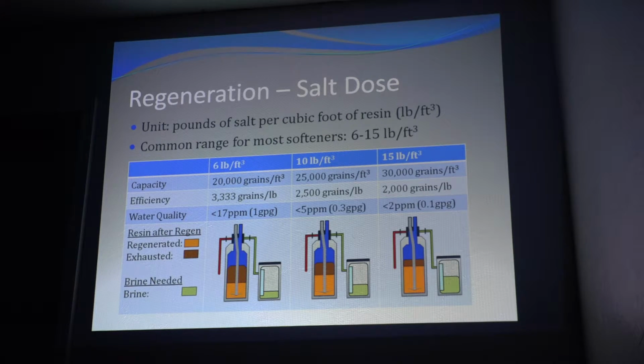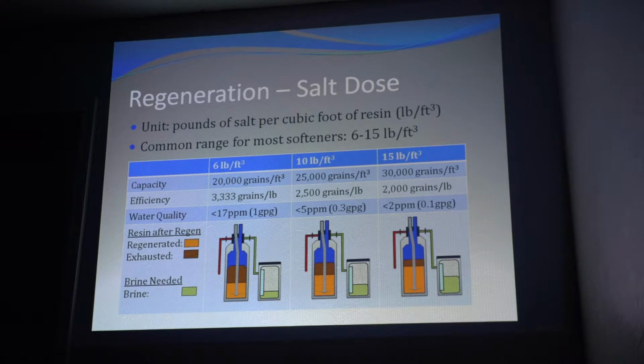So the quality is going to get worse, but the efficiency is going to go up. At the end of the day, what does that provide the customer? It's going to give them about 1 grain hardness. But for the person that doesn't like that slippery feeling, that might be just enough to take them from 5 parts per million to 17 parts per million. It might be just enough to make them go, you know what, I can tolerate this.